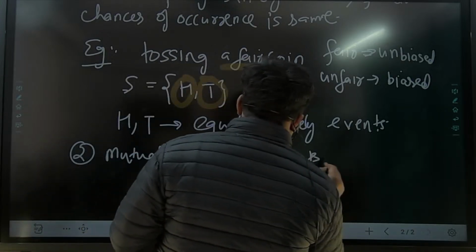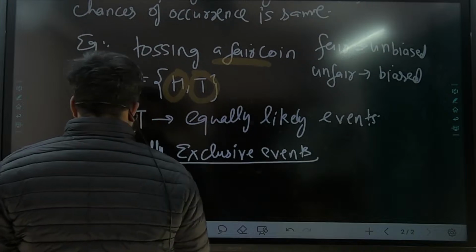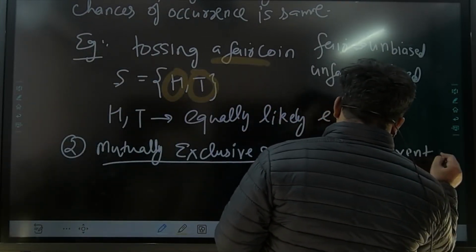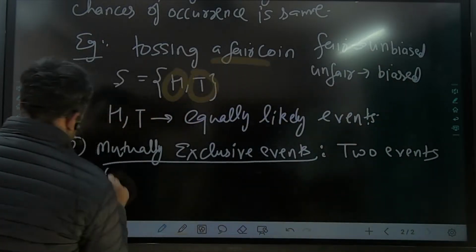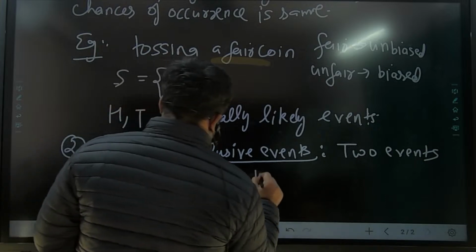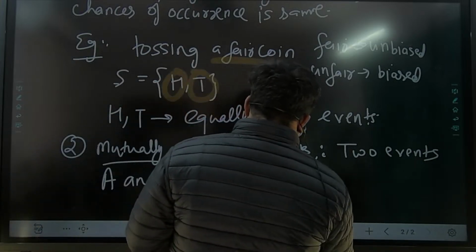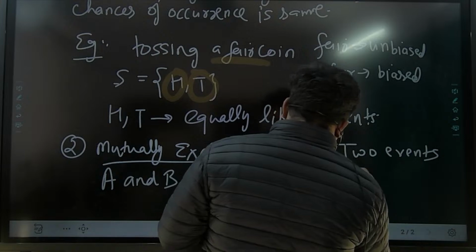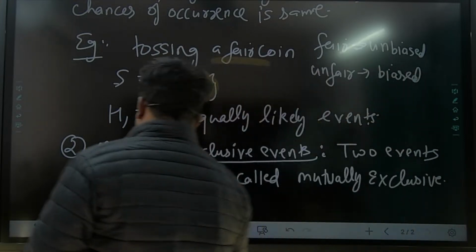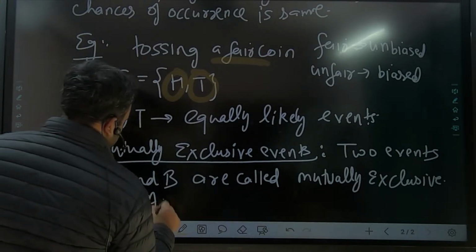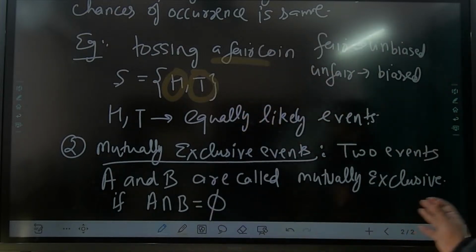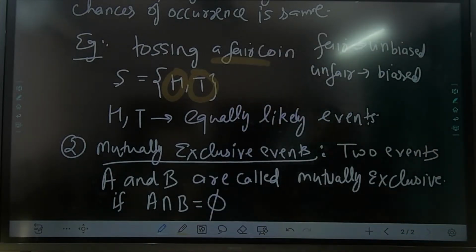Two events A and B are called mutually exclusive if nothing is common between them, that is, if A intersection B is the null set. If nothing is common between those two events, they are mutually separated, mutually exclusive events.